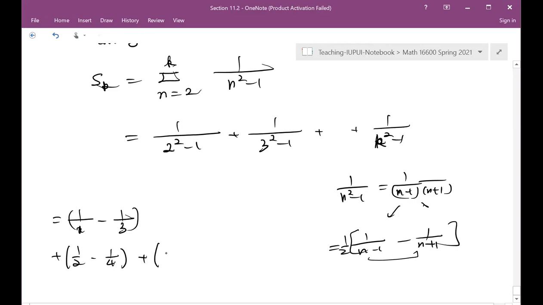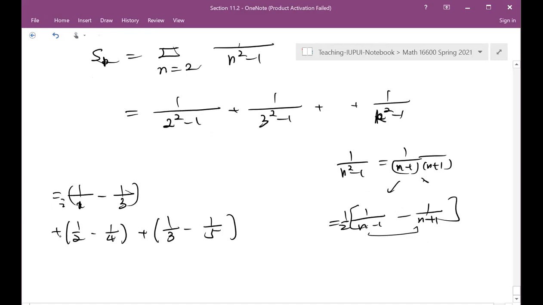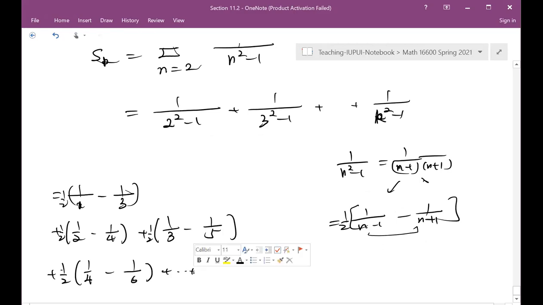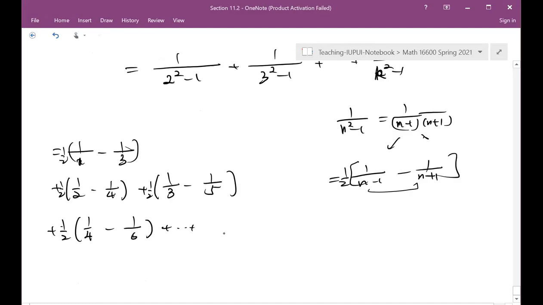And the third term is, okay, every term here is divided by 2, 1/2, one over 6, and keep it going. So the last term here is 1 over k minus 1 minus 1 over k plus 1.